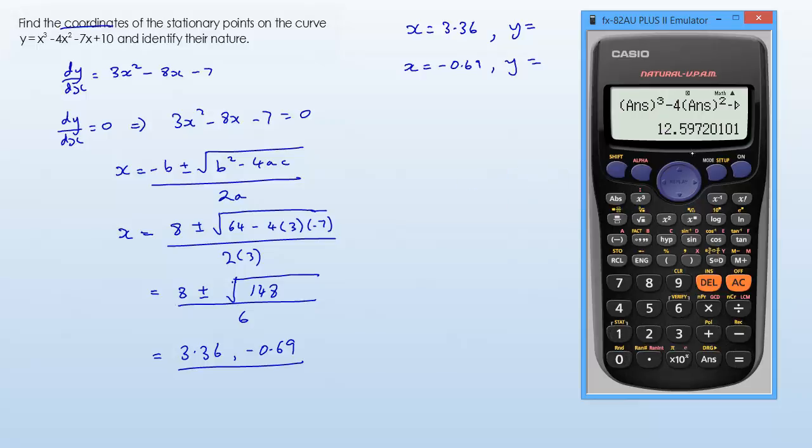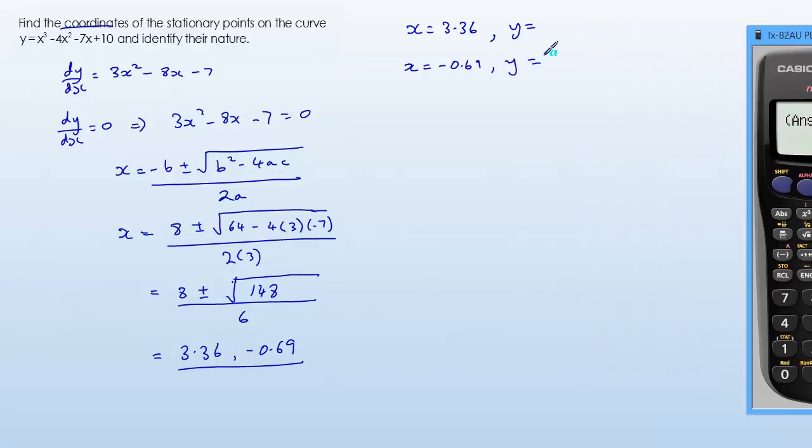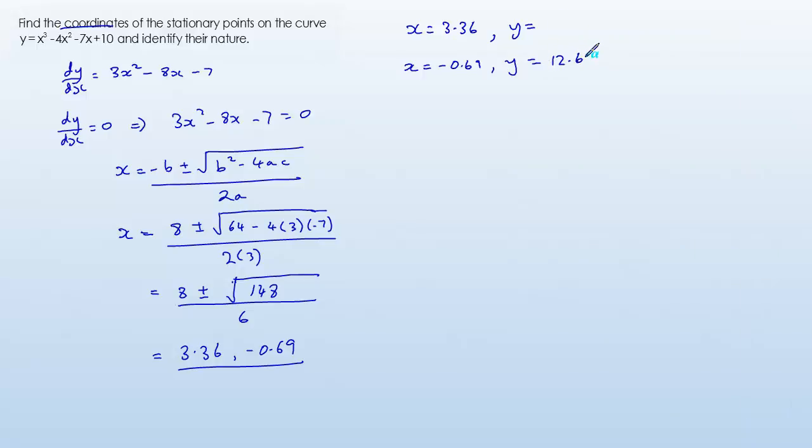That gives me 12.60 if I go to 2 decimal places. So we'll make sure that we're noted as 2 decimal places there. So that's negative 0.69 and 12.60.